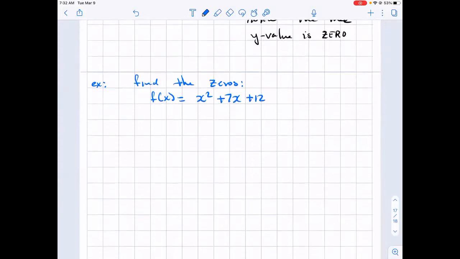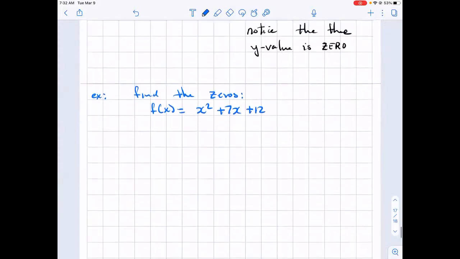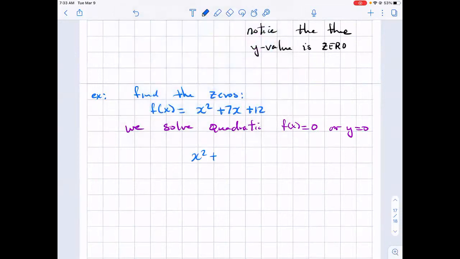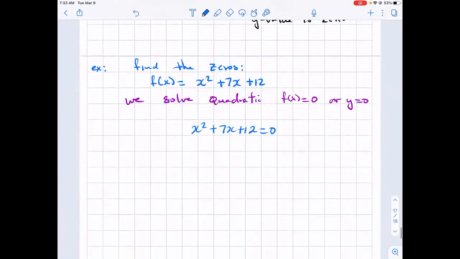Since we know that y is equal to 0, f of x must be equal to 0. So if we have x squared plus 7x plus 12 equals 0, here we solve by factoring.